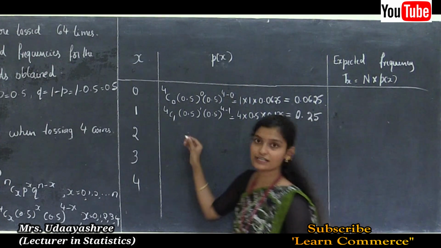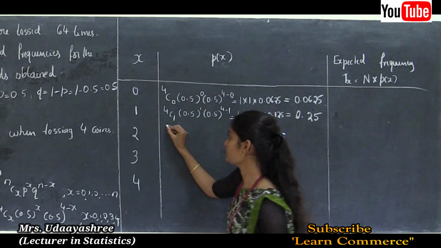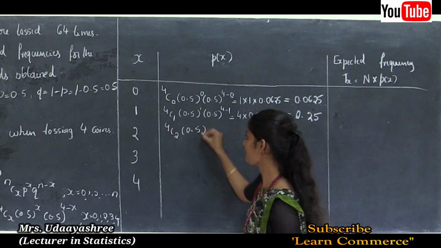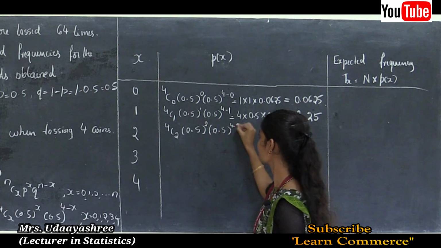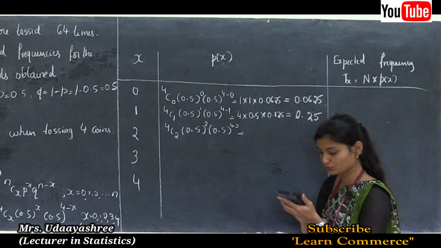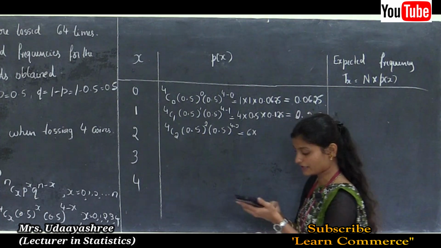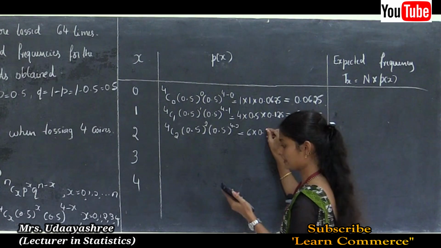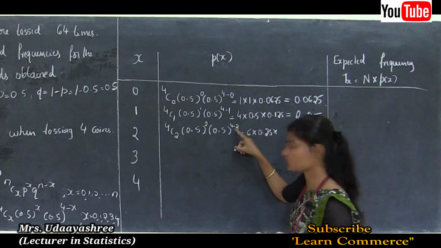So here instead of x we have to write 2, that is 4C2, 0.5 to the power 2, then 0.5 to the power 4 minus 2. Okay, this is equal to 4C2 is 6, into 0.5 to the power 2 is 0.25, into, see here 4 minus 2, that is 2.